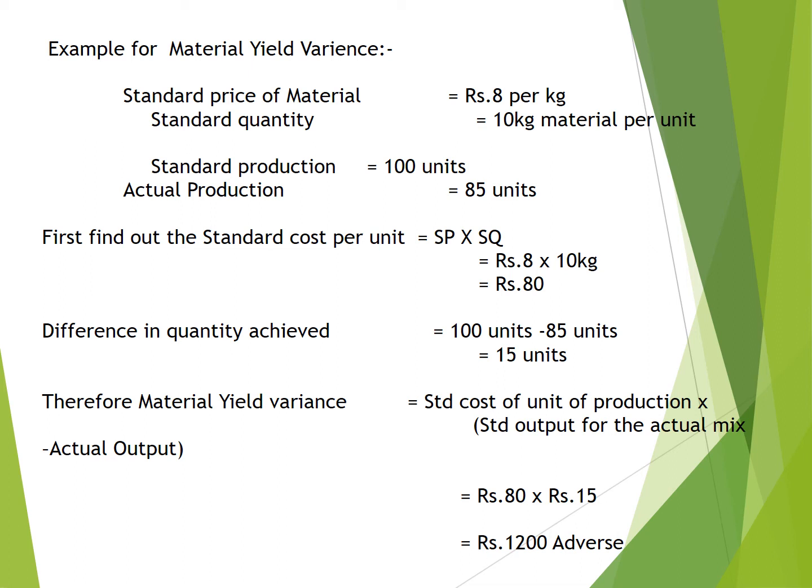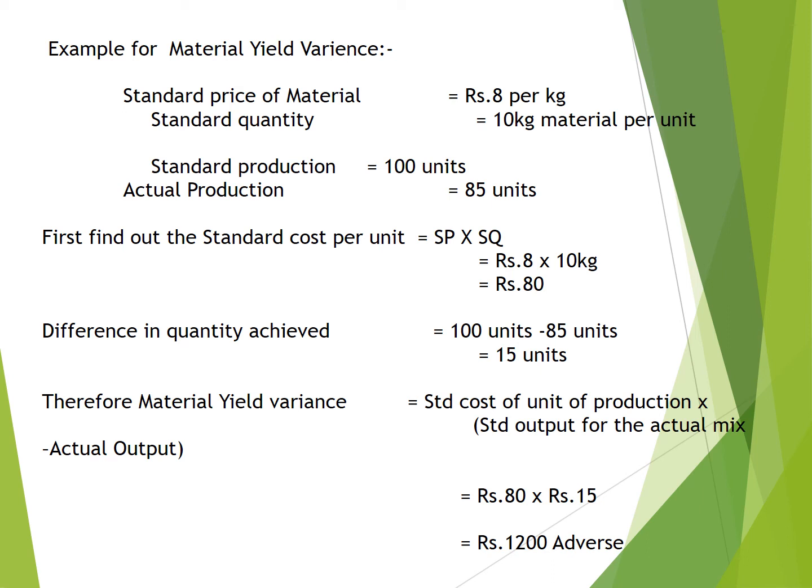Example for material yield variance. Standard price of material is rupees 8 per kg, standard quantity is 10 kg. Standard production is 100 units, actual production is 85 units. So first we have to find out the standard cost per unit. Standard cost per unit is equal to standard price into standard quantity.